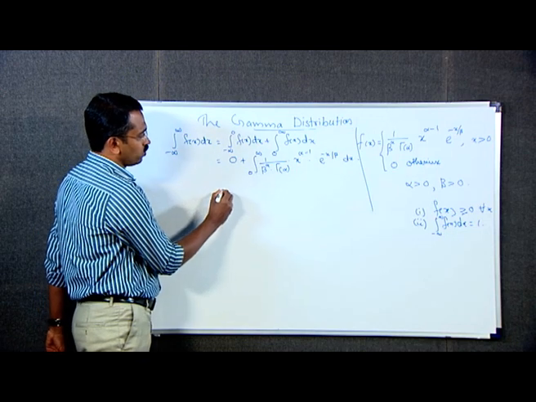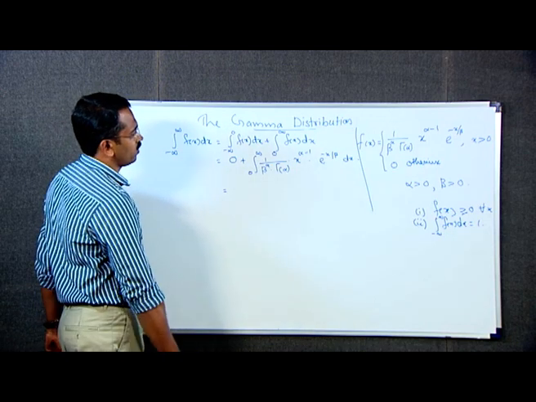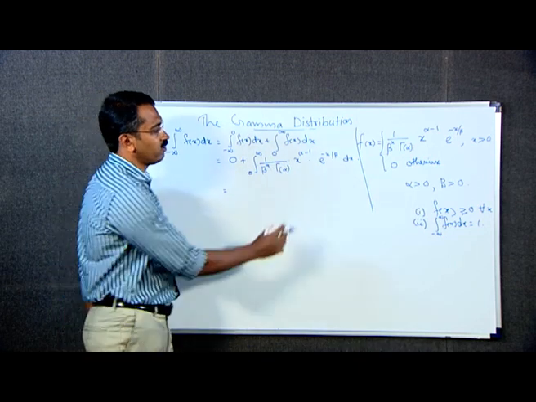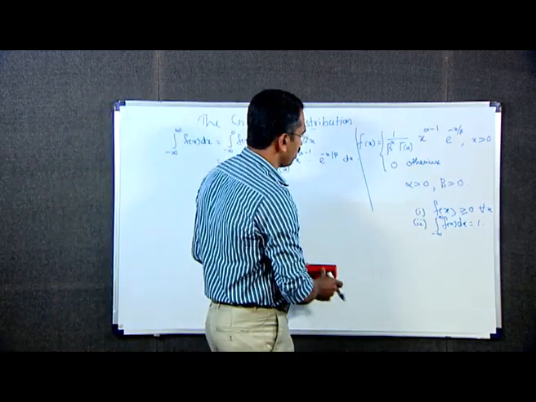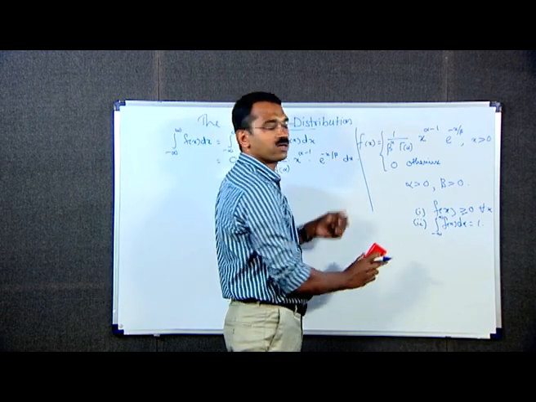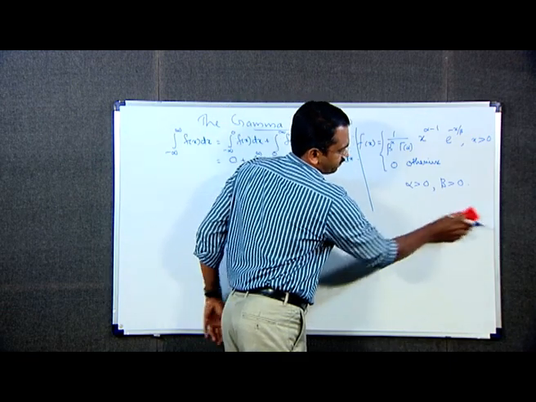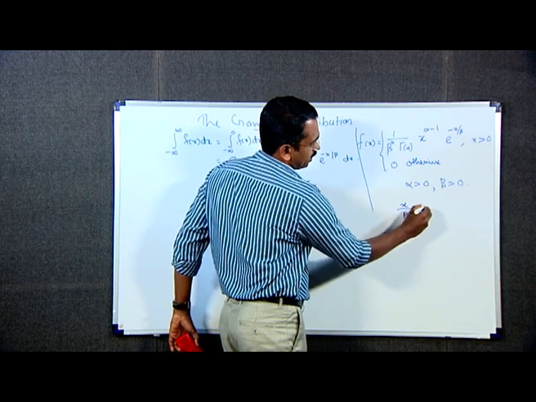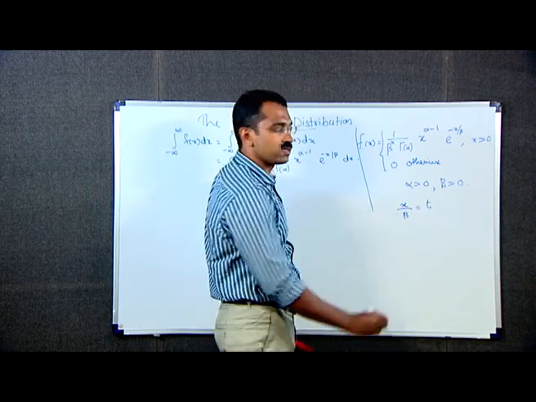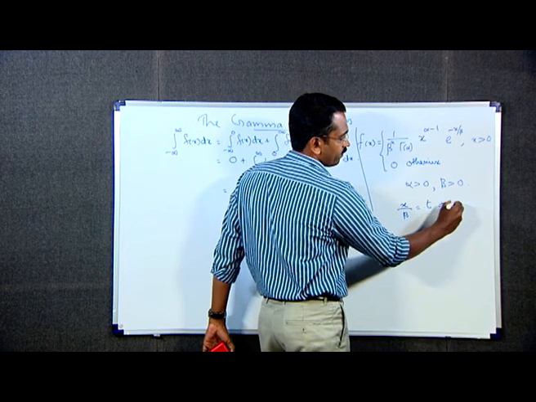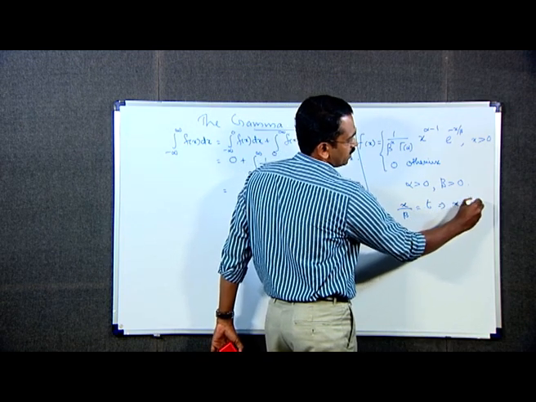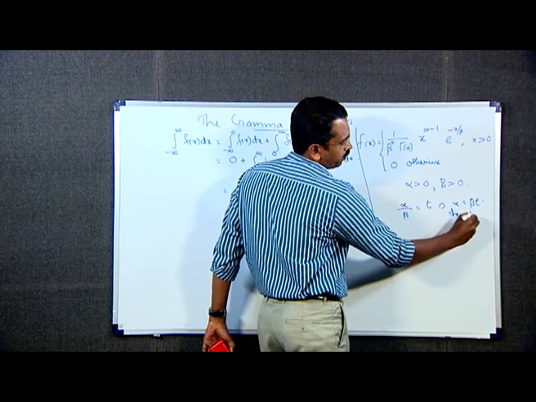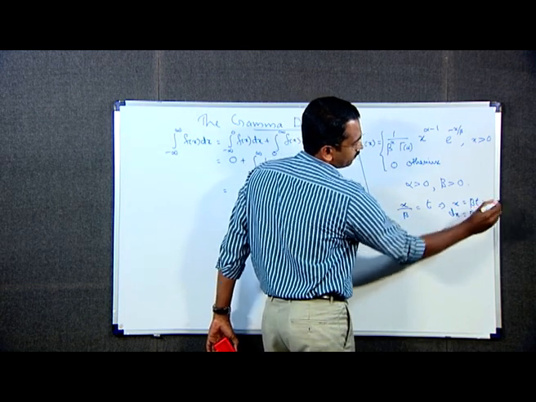To evaluate this integral, we use the substitution x/β = t. x/β = t means x = βt, so that dx = β dt.